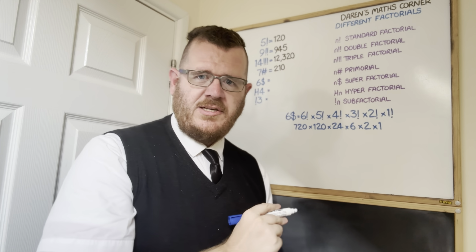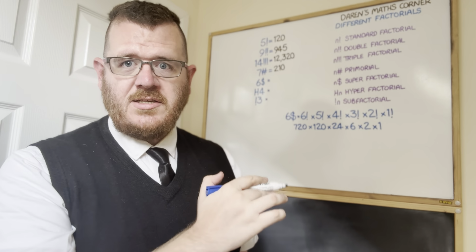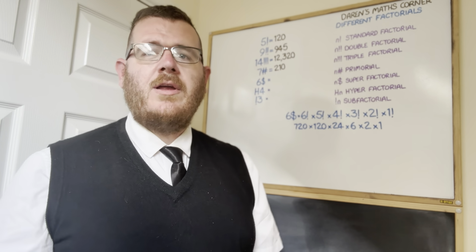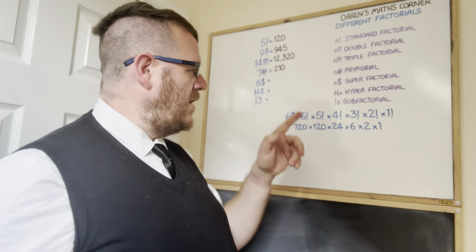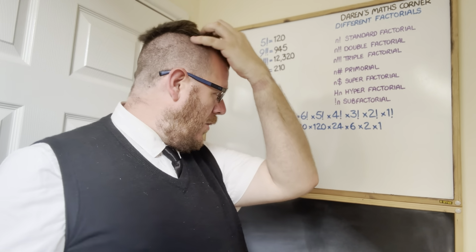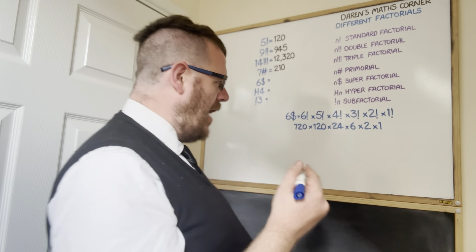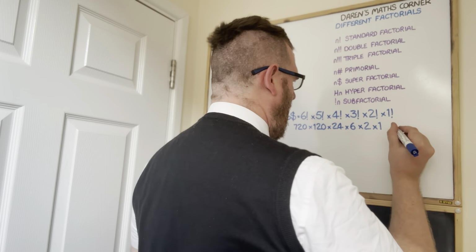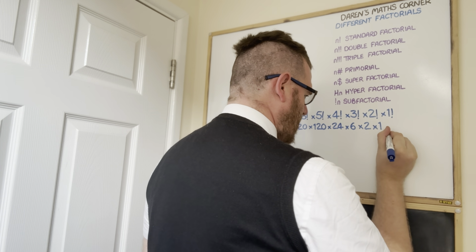Now 1 times 2 is 2, times 6 is 12. Do ignore me on that. 12 times 24 is 288. Now 288 times 120, this is where I need to start working stuff out.